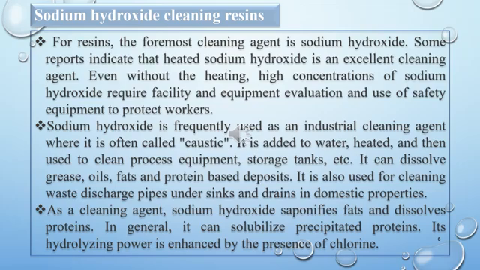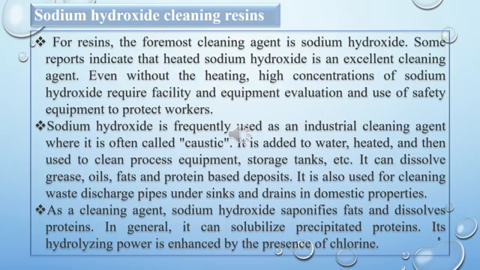The next point is, sodium hydroxide is frequently used as an industrial cleaning agent, where it is often called caustic. It is added to water, heated, and then used to clean process equipment, storage tanks, etc. Dear students, in this point he said that sodium hydroxide has been used in industry for the cleaning process for many years.